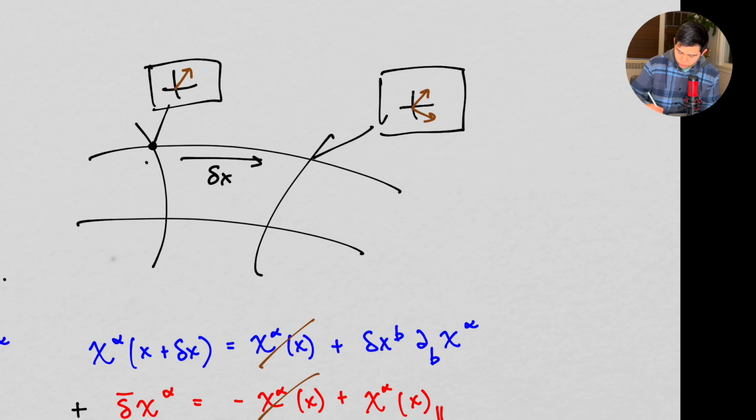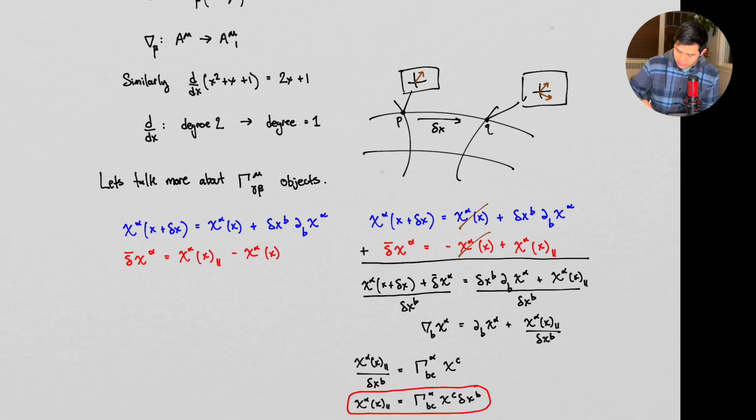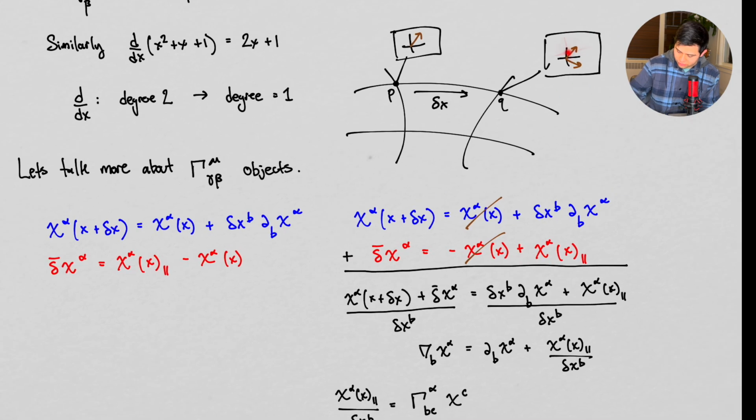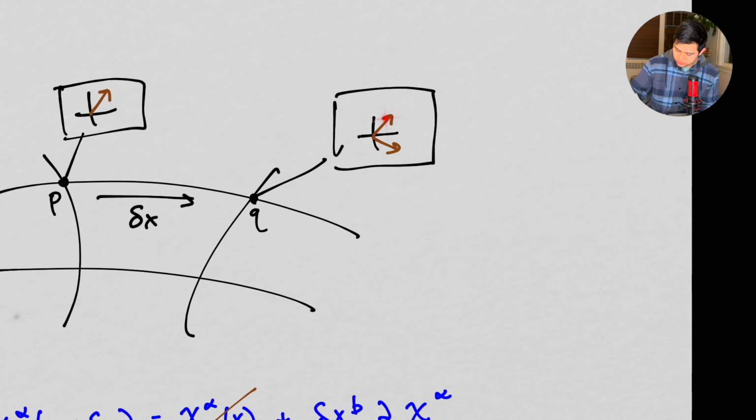So suppose this is point P, and this is point Q on the manifold, okay? And this guy here quite literally is this guy, right? But this guy here, since it's not in P, it's in Q.